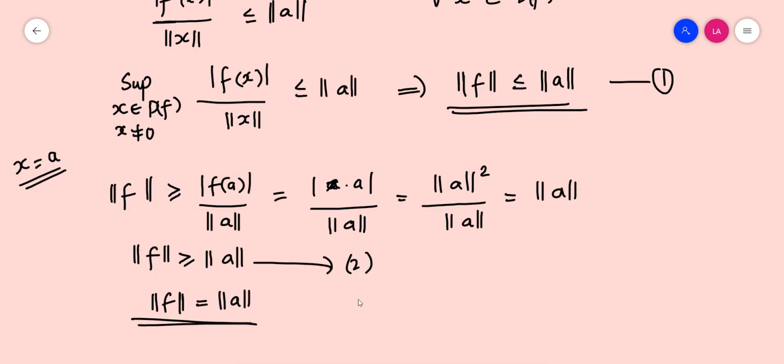So here the norm of the operator is actually the norm of the vector which we have fixed, equal to norm a. So our functional, which is defined on R cube in terms of the dot product, is a linear functional, and it is also bounded, with its norm being norm a.